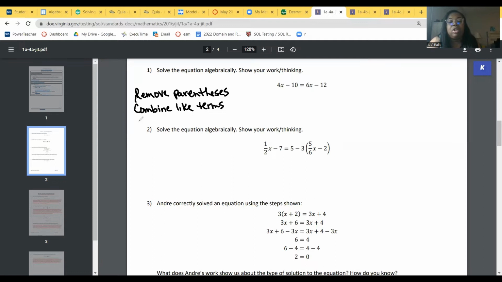After combining like terms, then you will decide which side you want your variables on. Then you perform inverse operations.